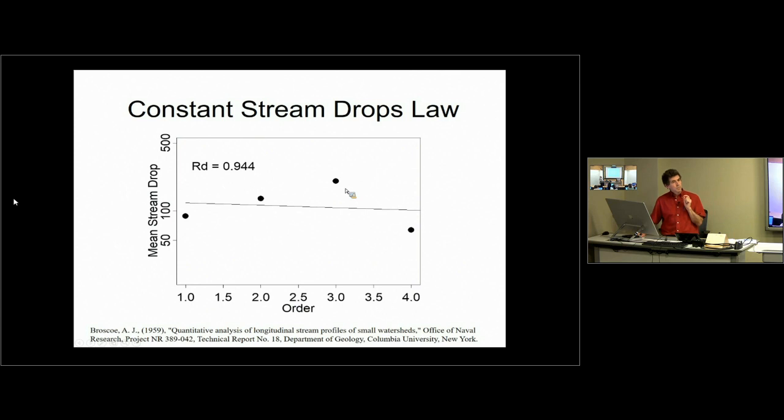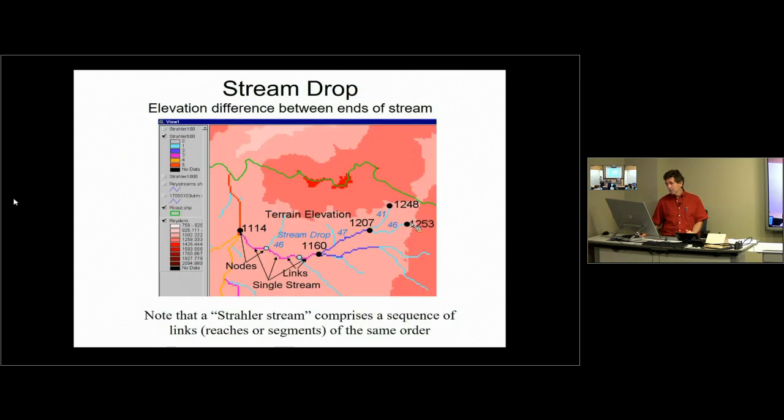So I sort of latched onto that idea and said, okay, if I'm trying a bunch of different thresholds to delineate streams, I want the streams that I delineate to be consistent with this, and I'm going to delineate the finest resolution stream network that is consistent with that.